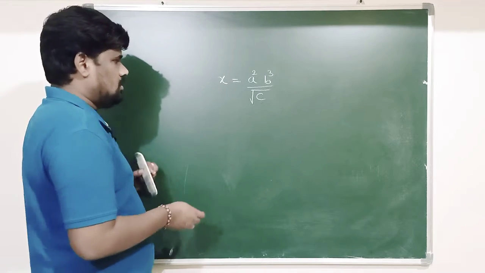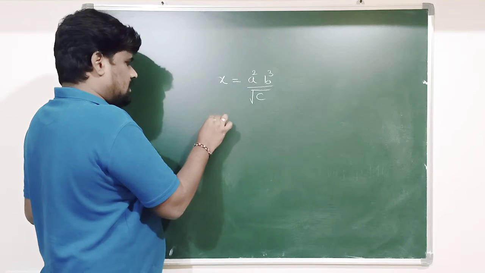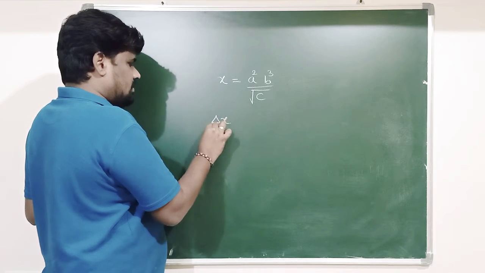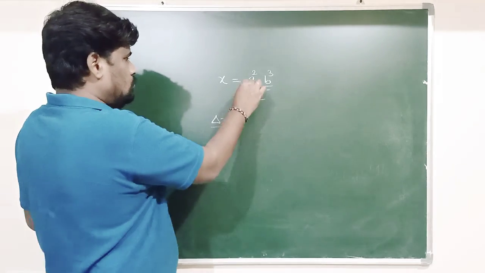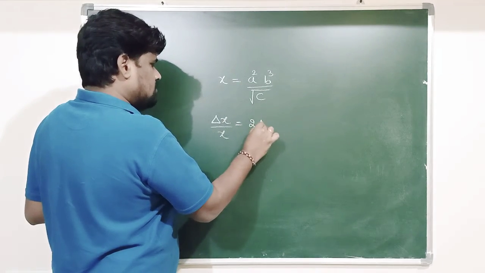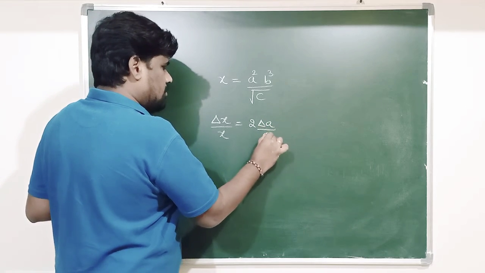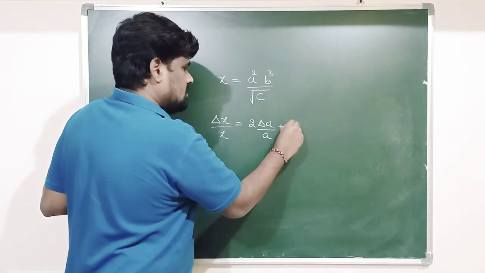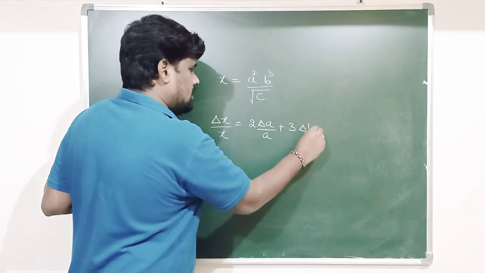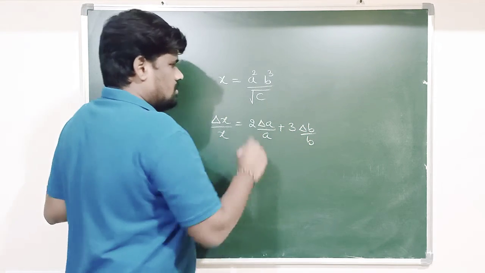The maximum possible error in the measurement of x is given by delta x by x, which is equal to 2 times delta a by a plus 3 times delta b by b.